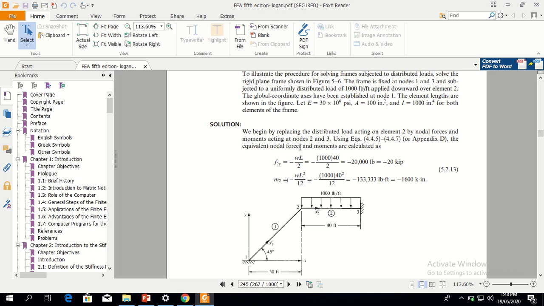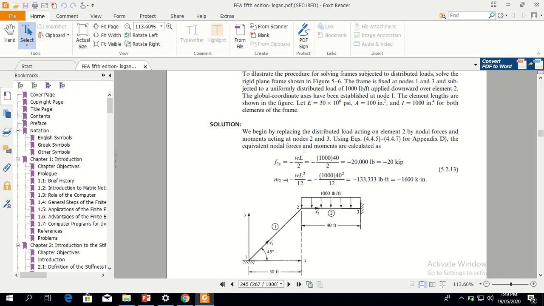This is done, we have done it before. How to convert distributed load into concentrated, or nodal force. Nodal force means the force which is acting at a point or node. Or you can use these equations from chapter 4 or appendix D.